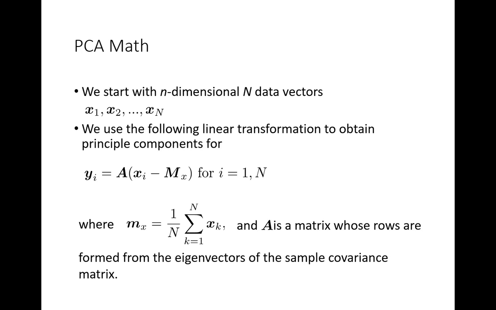So what we are showing in this equation is that if you have a matrix A formed in a particular fashion, then you can use that matrix A to apply PCA, or to do the transformation from the X domain to the Y domain.